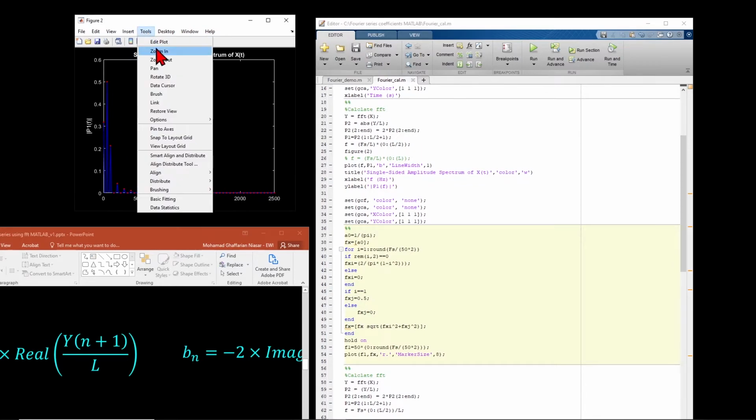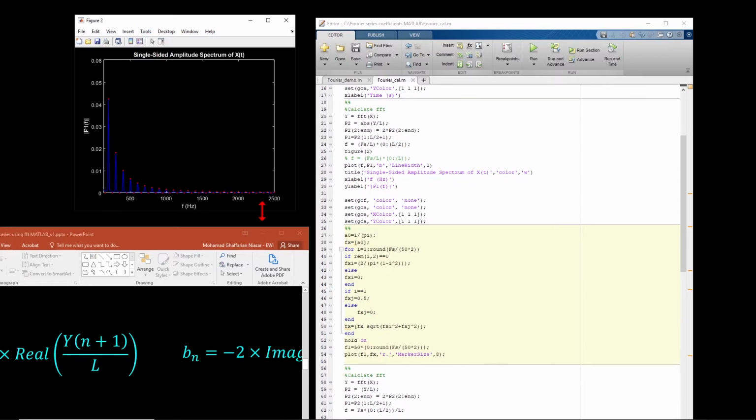Now let me zoom in on this. So they match. You notice that as we move toward the higher frequency, toward this 2500 Hertz, the value that we calculated analytically is a little bit different from what FFT gives us. This is because, as I said, the sampling frequency is 5000. So at 2500 Hertz, we cannot capture the frequencies very accurately.